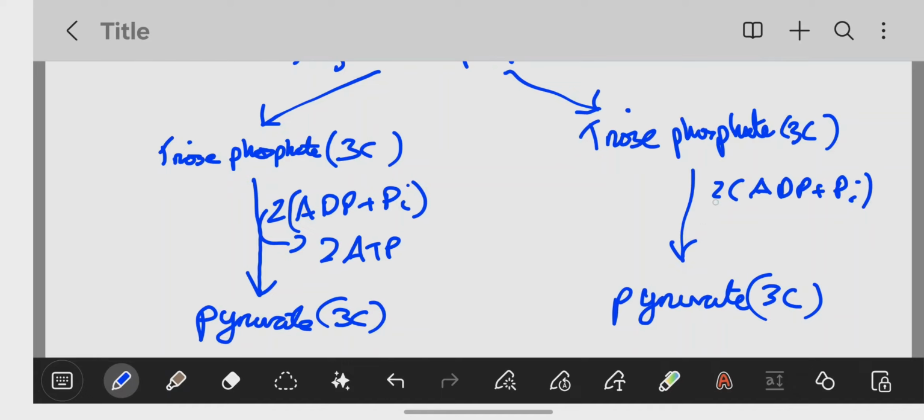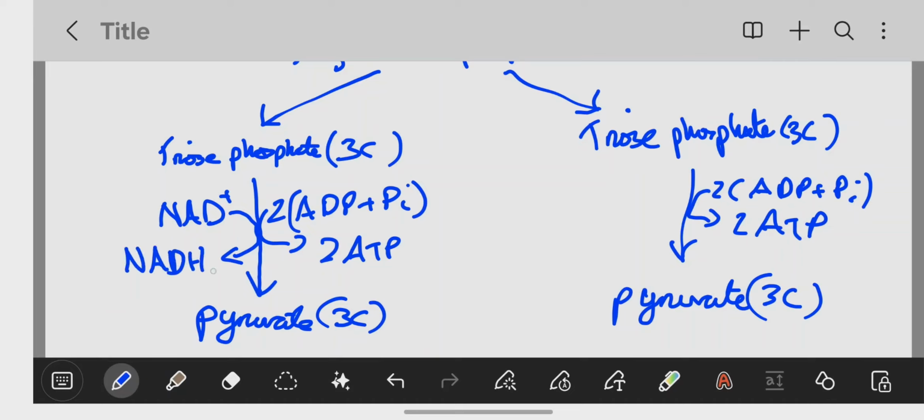We're also going to produce a molecule called reduced NAD. The way we do that is through reducing the molecule of NAD. NAD and reduced NAD are coenzymes. So NAD plus those 2 make NADH.